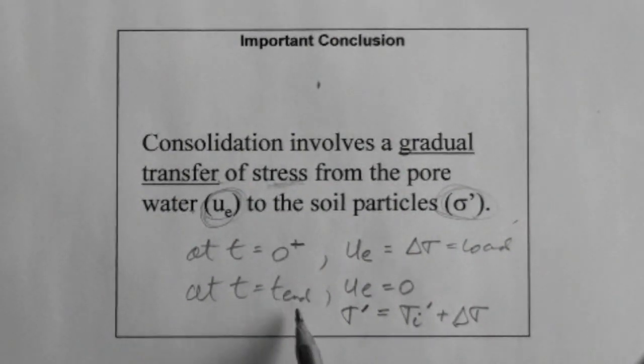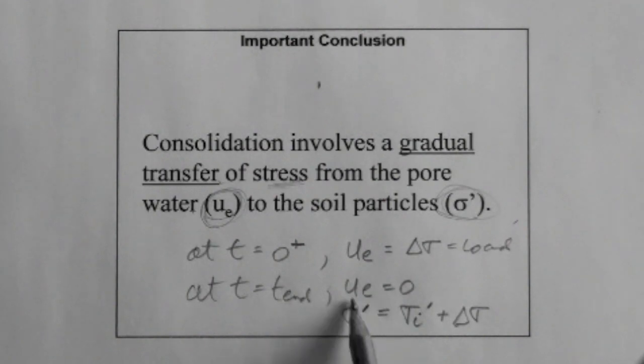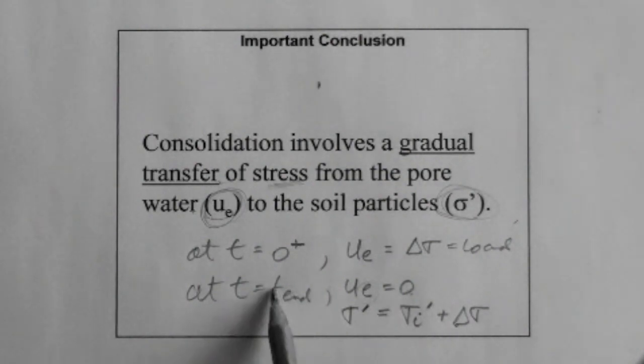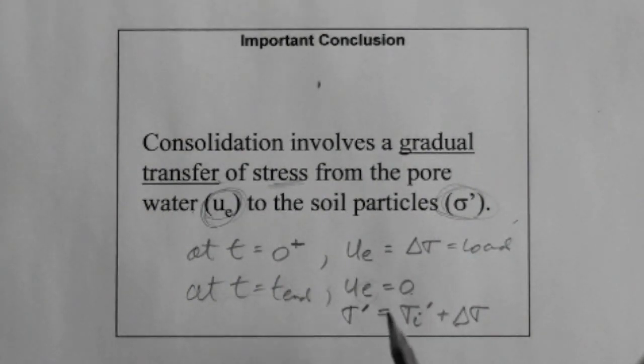So at time equal T end, the pore water pressure in excess of hydrostatic goes to 0. The hydrostatic pore pressure remains unchanged at this time. And at all times, the hydrostatic pore pressure is just a value, which is the self-weight of the water converted to a stress, right? But we're talking about excess pore pressure.